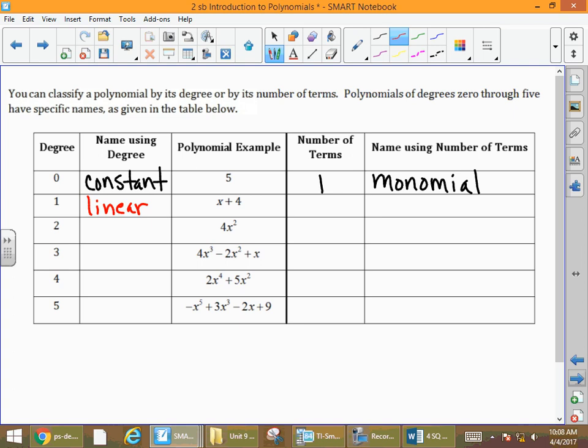X plus 4 here, how many terms are in x plus 4? 2 terms. And we have a special name. We haven't looked at the words there, but again, if you know your prefixes, what prefix represents 2? Like bicycle has 2 wheels, binomial has 2 terms.